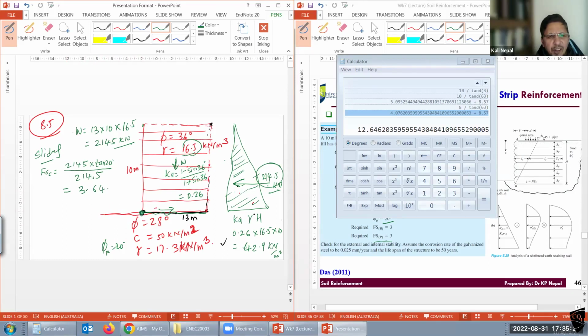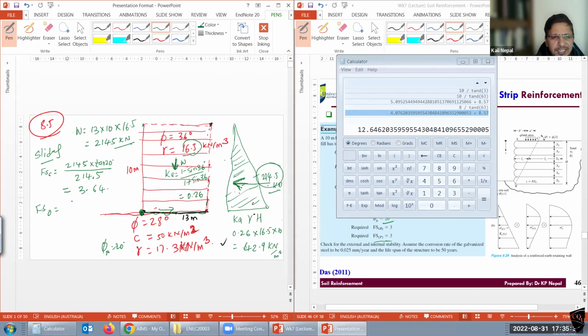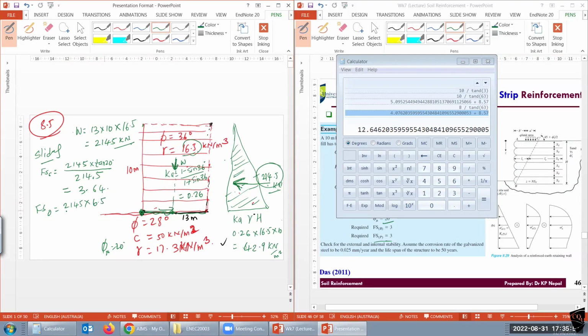Another is factor of safety for overturning. So this force will overturn, and that force will resist. The resisting force is W, 2145, times where it acts, at the center, from here 6.5, divided by the overturning force.